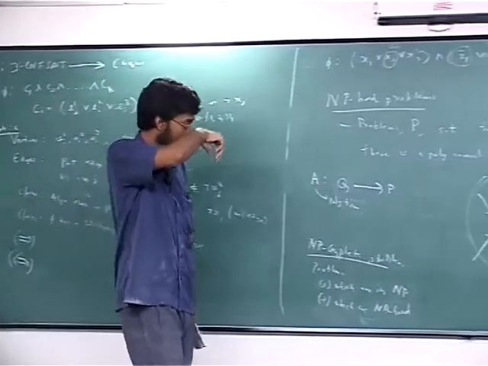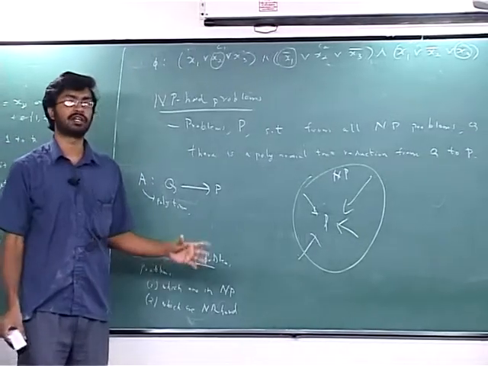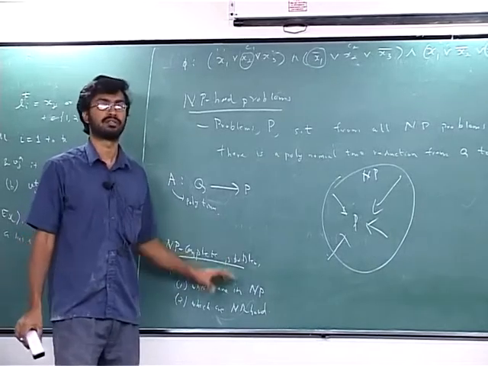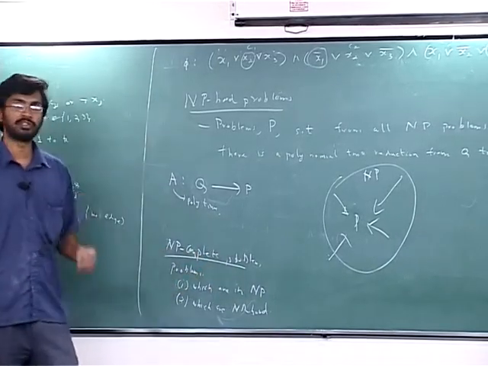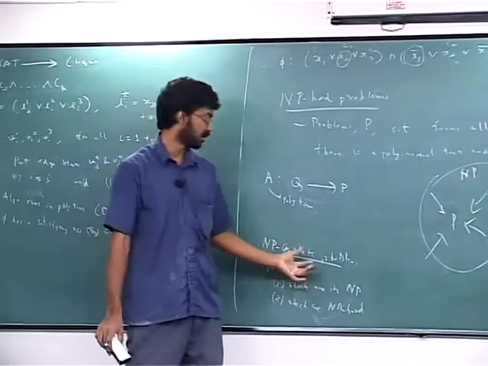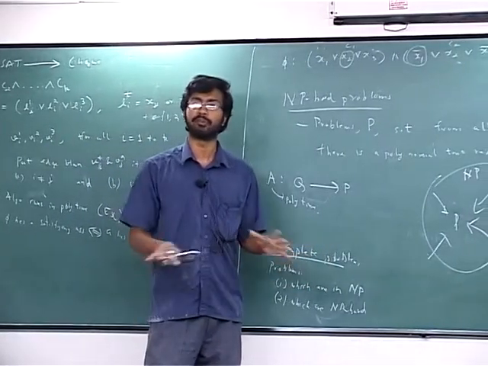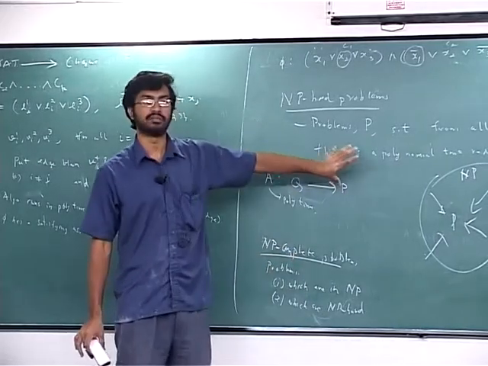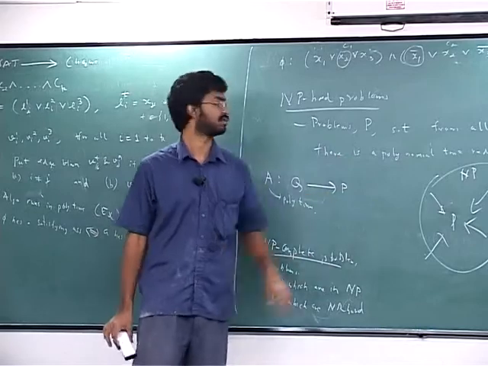So these problems are basically the crux of the hardest problems in NP. If someone comes up with a polynomial time algorithm for an NP-complete problem, it means that all NP problems have a polynomial time algorithm because of this reduction, because we know that there are polynomial time reductions to it.